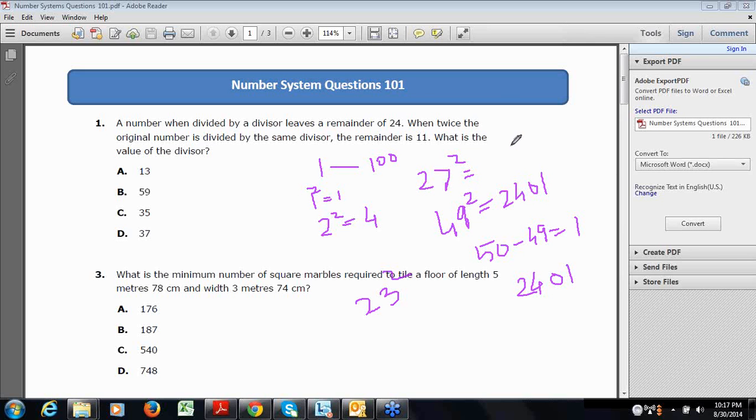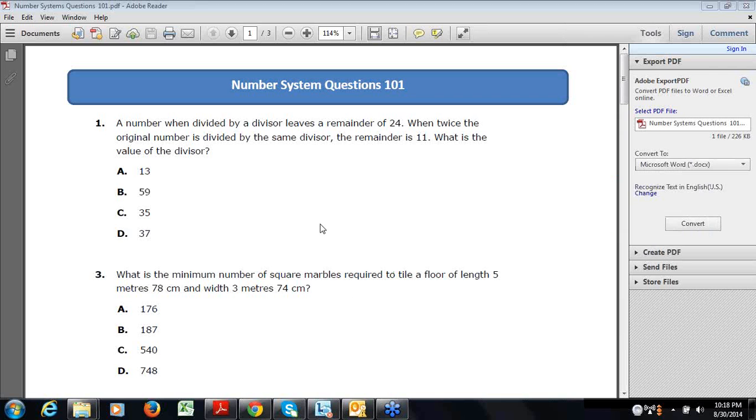So numbers more than 25. 48 maybe. What will be the 48 square? 04, and 25 minus 2, 23. So it will be 2304. Okay, let me repeat the whole process.